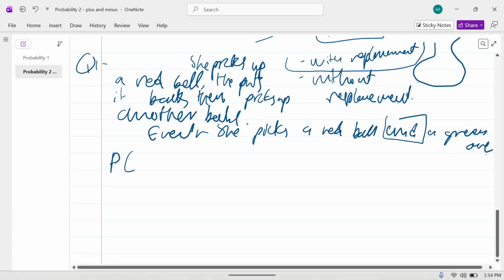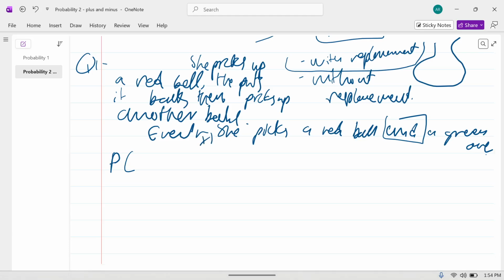Now look, you've got two conditions inside the same event. We're going to call this event X, right? You've got picking up a red ball and then you've got picking up a green one, and both of these conditions are connected by an and, right?